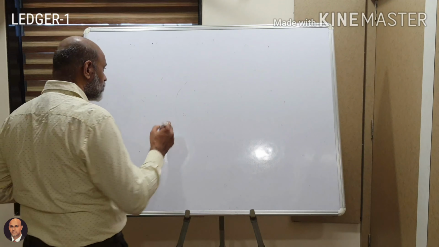Okay, so how to enter it? Today at least let us get familiar with how to enter it. This is the format of your ledger. Today I shall show you how to do the entries in a rough manner, and then in the terms ahead we shall go to the fair columns.